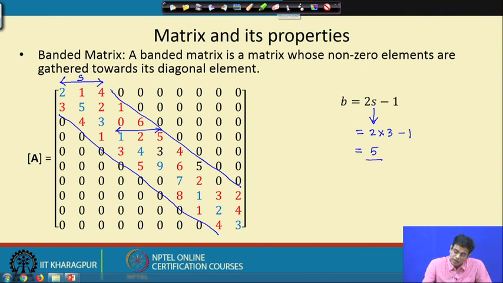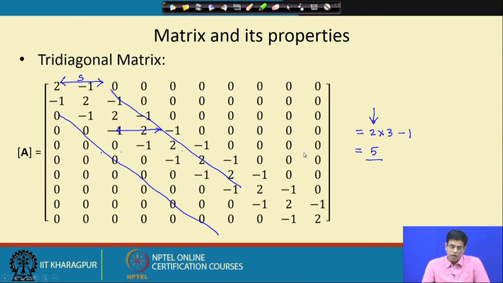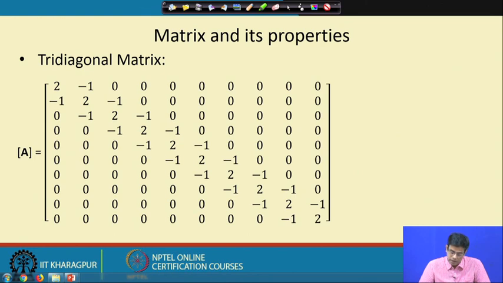Another matrix that is sometimes useful is the tridiagonal matrix. This matrix occurs when you do finite difference calculations, this type of matrix appears. So, sometimes it is also known as the finite difference operator.